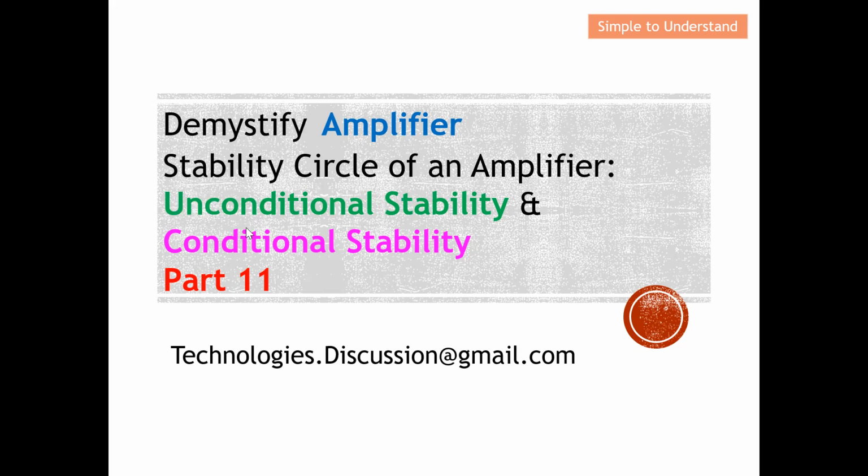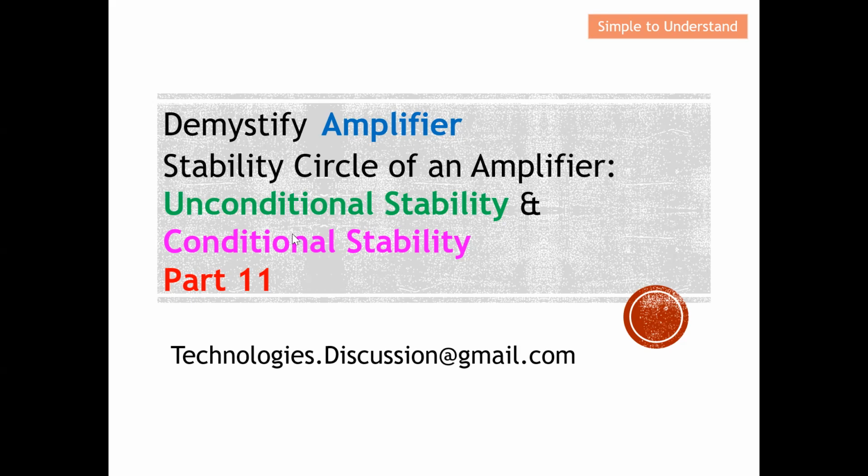Another condition is the so-called conditional stability. Remember, earlier I mentioned that under unconditional stability, the amplifier will remain stable as long as it meets these criteria. For example, now another amplifier also meets these criteria. However, this amplifier may be stable or may be unstable, so we need another additional condition in order for it to be stable.